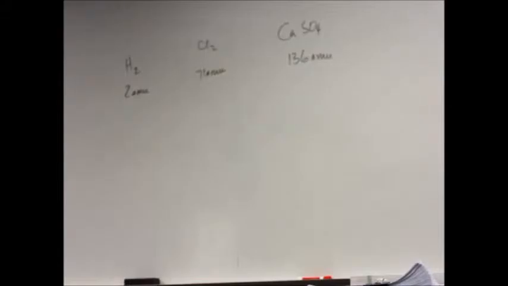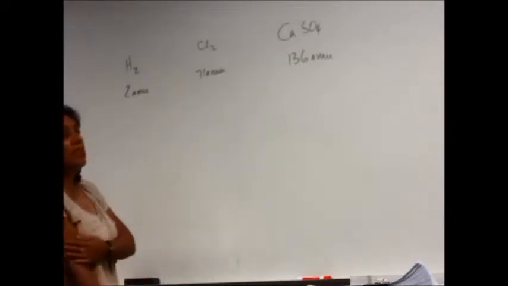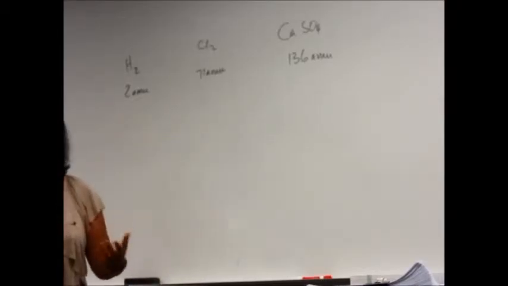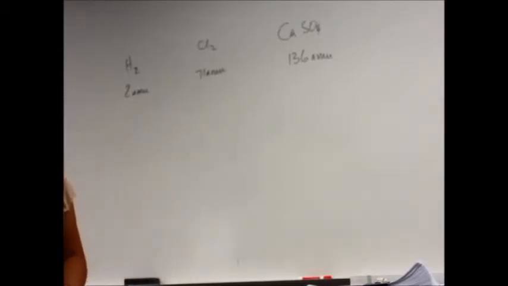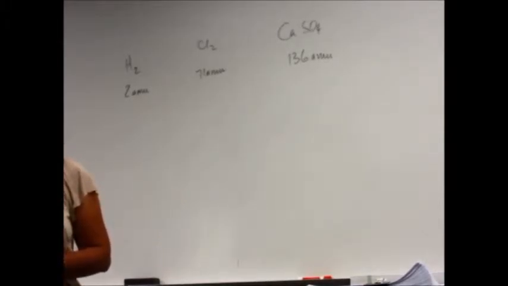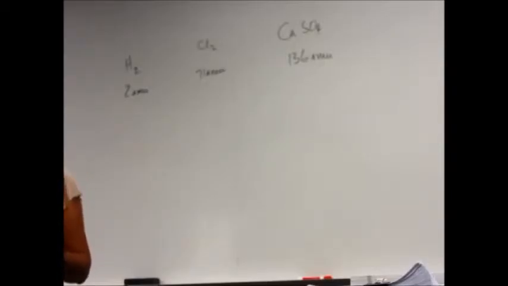I want to take you a little bit deeper into the structure, or what this really all means for us, because right now this is AMU. You can't go into the lab and say, oh, I want 3 AMU. What is 3 AMU? That is not a measurement for us. The measurement is in grams, it's in milliliters. That's where our measurement is, so that's where we need to go with this. We can't have AMU in there.